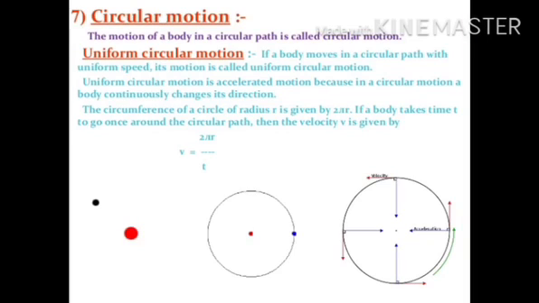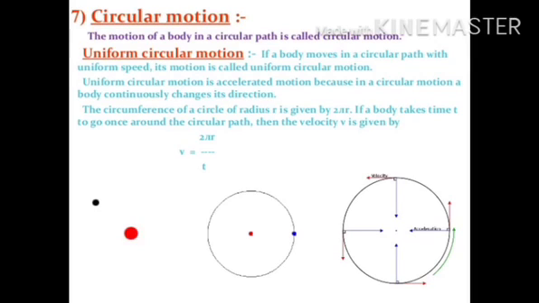In the next chapter, we shall study that an external force is required to produce acceleration. Hence, an external force is needed to move a body uniformly in a circle. This force is called centripetal force. I repeat, an external force is needed to move a body uniformly in a circle. This force is called centripetal force.